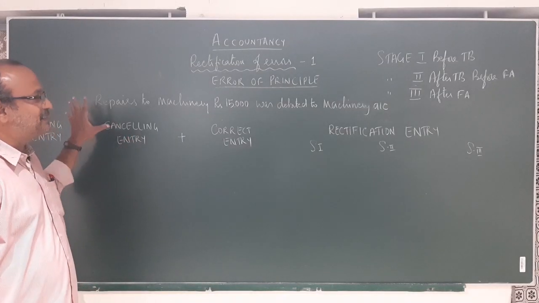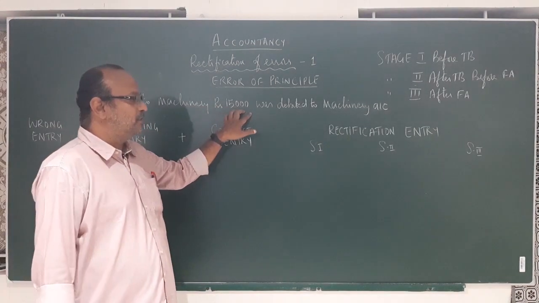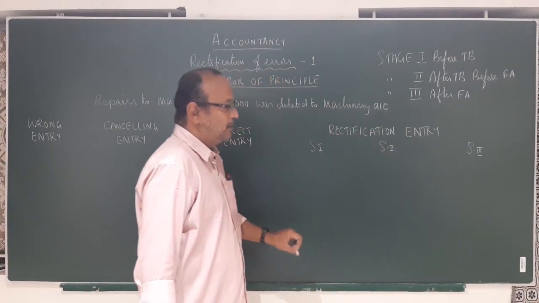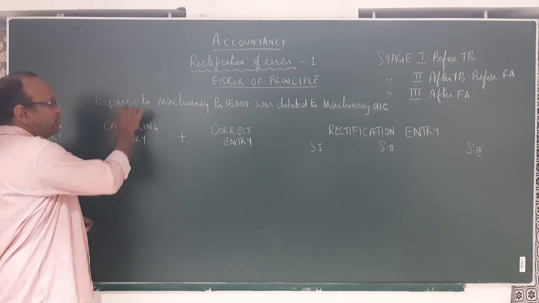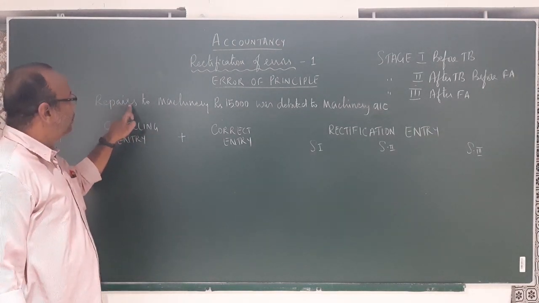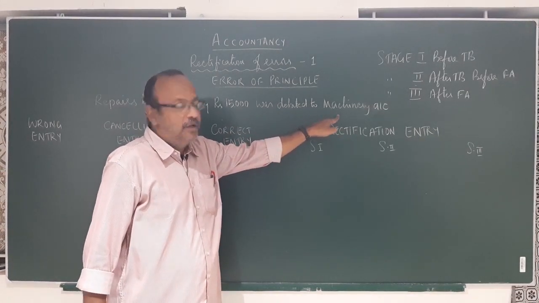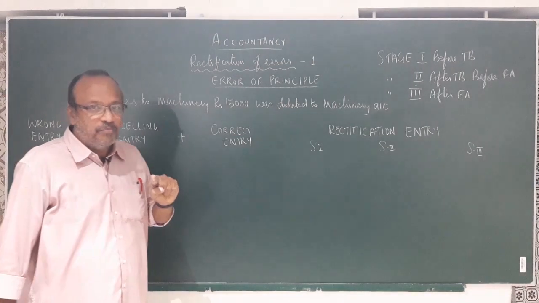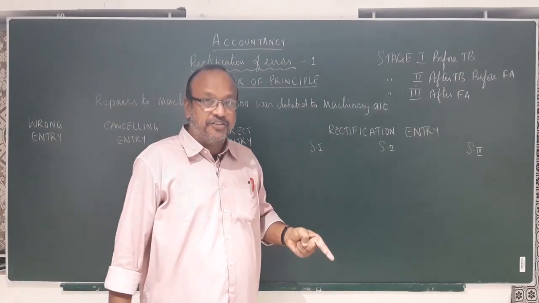Now analyze this error. Repairs to machinery rupees 15,000 was debited to machinery account. This is an error of principle, isn't it? Repairs to machinery should be debited to repairs account and not machinery account. When will machinery account be debited? When we are making the repairs when the machinery was purchased.